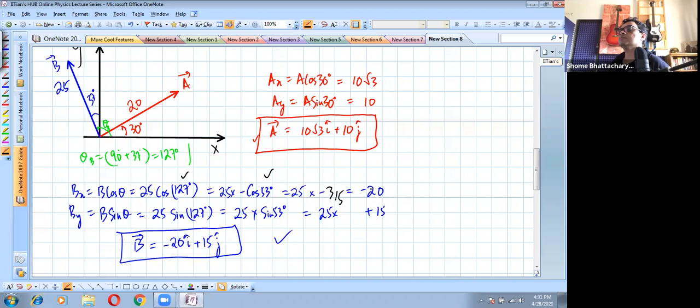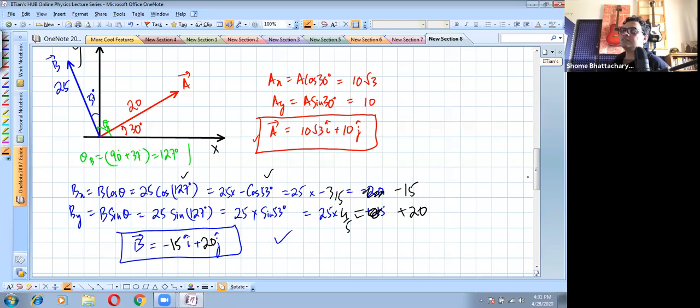So this will become minus 15, and sine 53 is in fact 4 by 5. So this will become plus 20. So we'll have to make a correction in our B also. So B is minus 15 i cap plus 20 j cap.